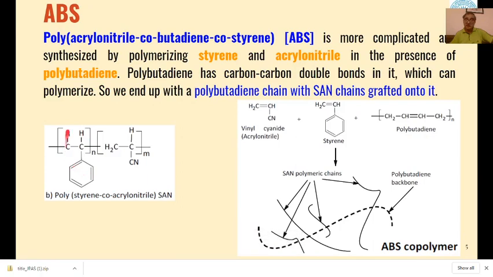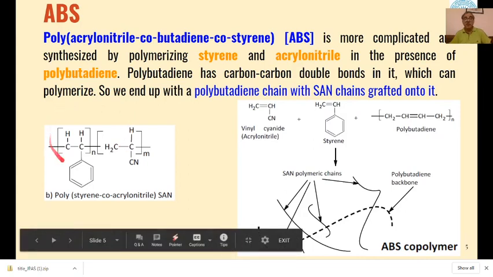So when they condense with each other through an addition mechanism, we get this polystyrene acrylonitrile. So the styrene acrylonitrile copolymer SAN is formed.